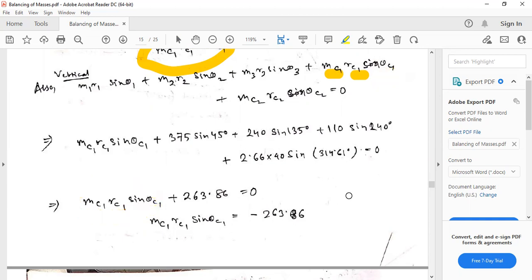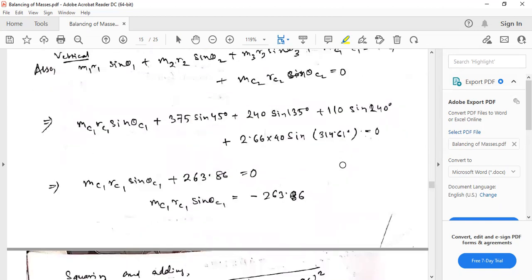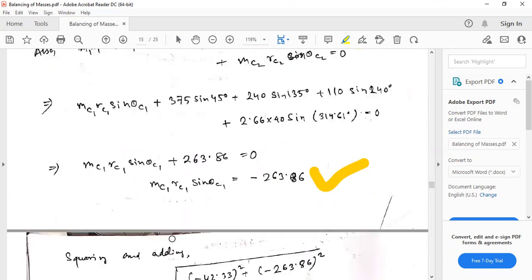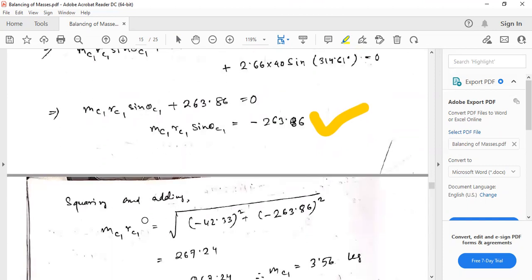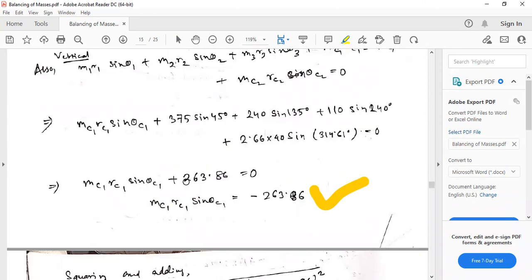Now, how to find out these things? Just square and add. Square both and add them. So MC1 RC1 cos square theta C1 plus MC1 RC1 sine square theta C1. If we take MC1 RC1 common, this whole square, plus cos square theta plus sine square theta is 1.